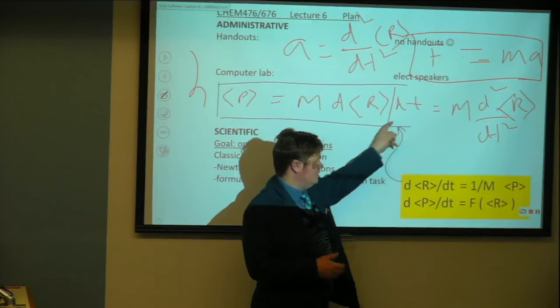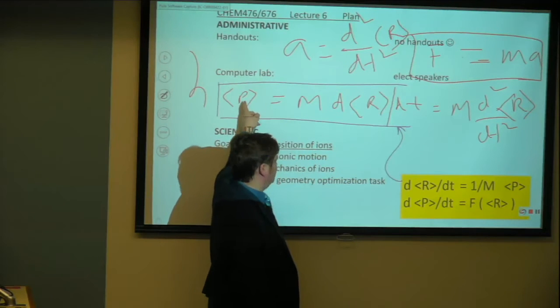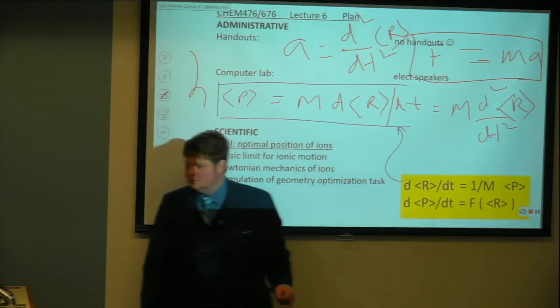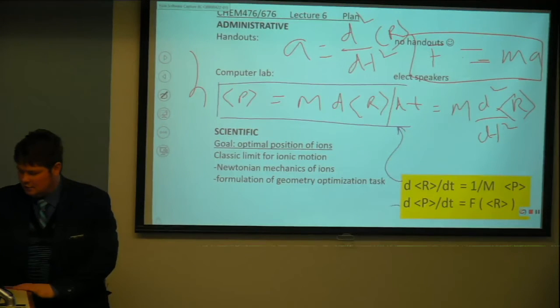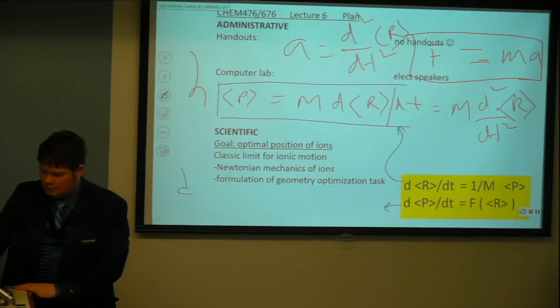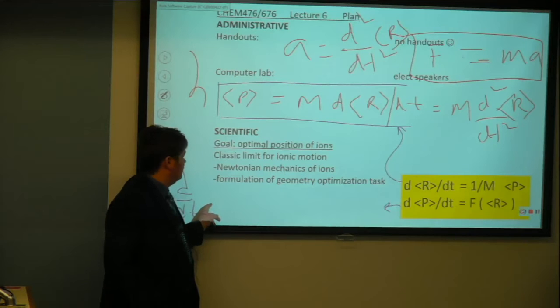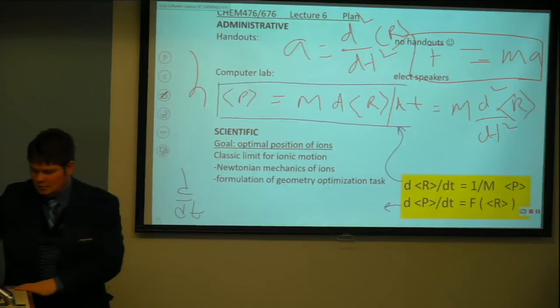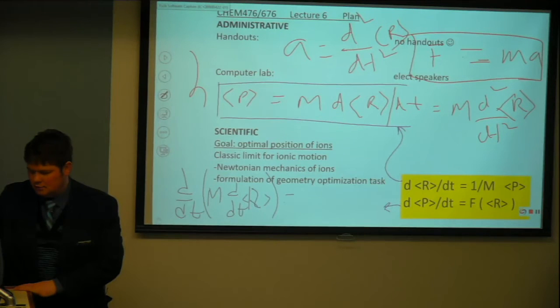Now let's plug this momentum in under the differential sign. So I'm rewriting the second equation. I'm doing d dt, and here instead of p, I will write mass times d dt of r, equals F.